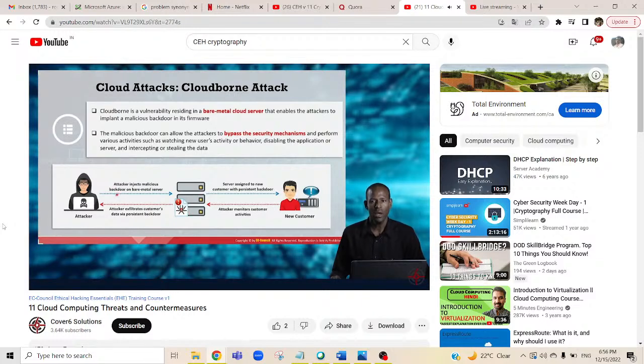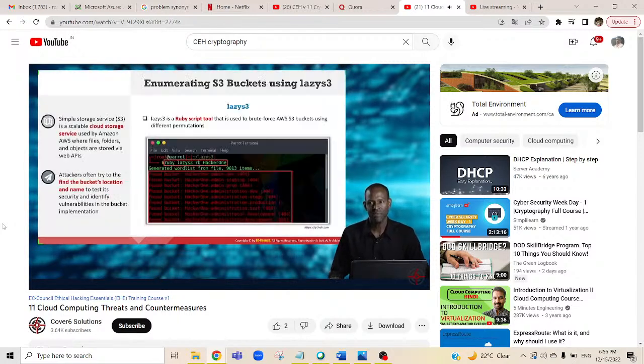So there's a backdoor that they inject, then they can exfiltrate customer data through that backdoor. And so they can bypass all the security mechanisms of that server and do almost whatever they want. So when you think of cloud-borne attacks, that is the bare metal cloud server, the host firmware that's usually attacked to make that happen.